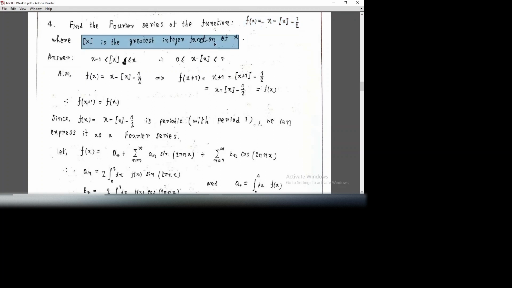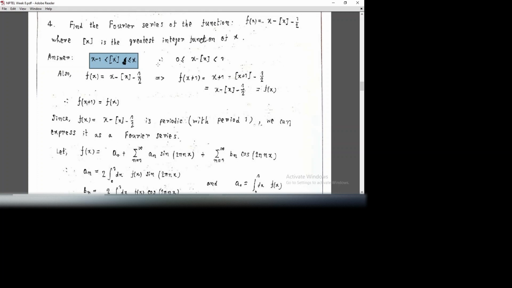If you are not familiar with it, box x means the largest integer that is less than or equal to x. So box x has this property.